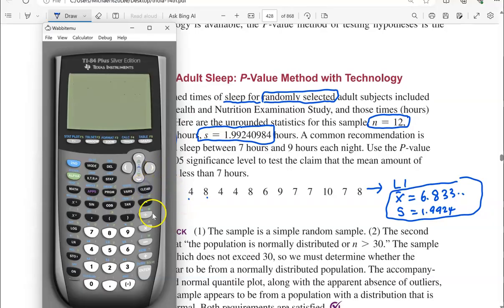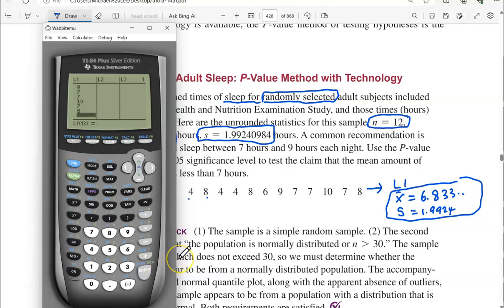So here, I press stats, edit. Remember this one? I clear L1. I put in all the numbers: 4, 8, 4, 4, 8, 6, 9, 7, 7, 10, 7, 8.